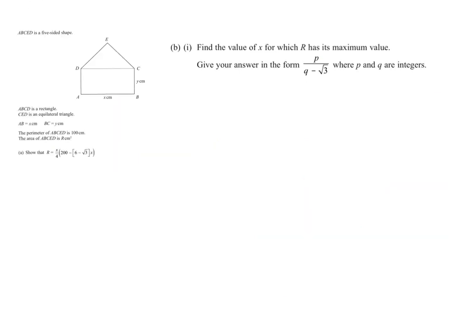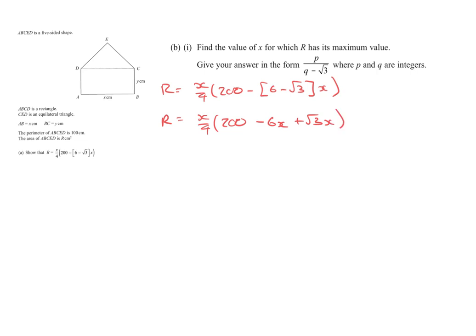In the second part of the question, they ask for a maximum value. So this will involve differentiation. Looking at my equation, I have r equals x over 4, 200 minus 6 minus root 3 x. Going from here, we've got r equals x over 4, 200 minus 6x plus root 3x.